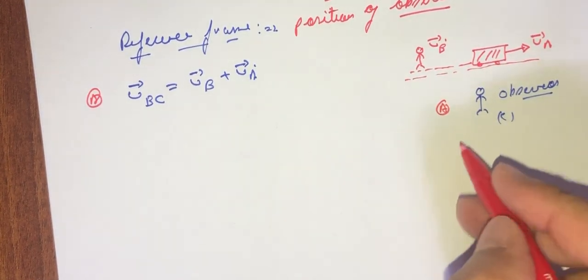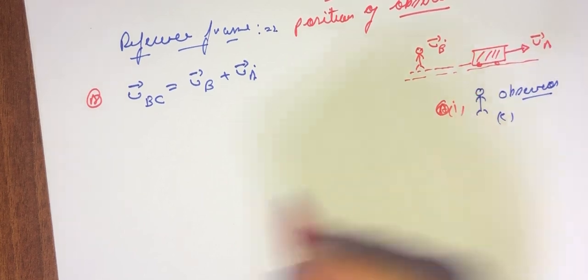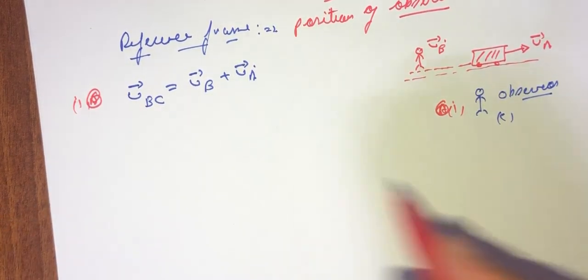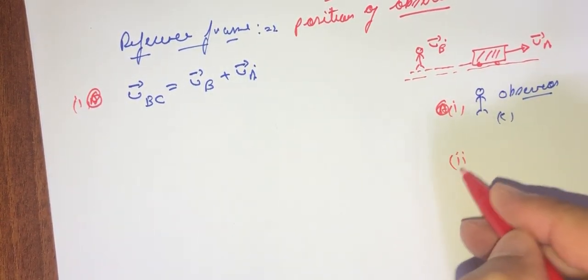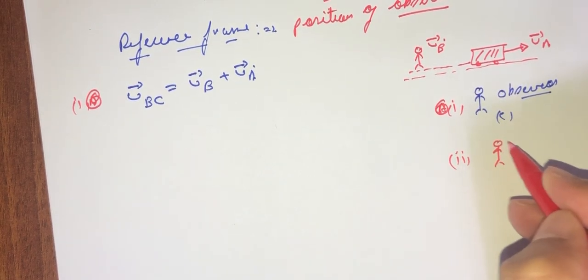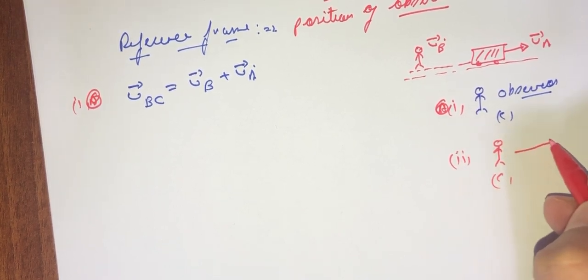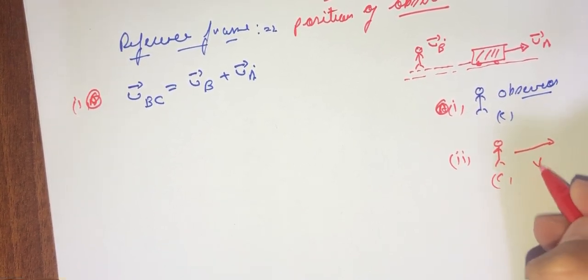Now in the second condition, the observer, that is C, is moving in this direction with the velocity Vc.